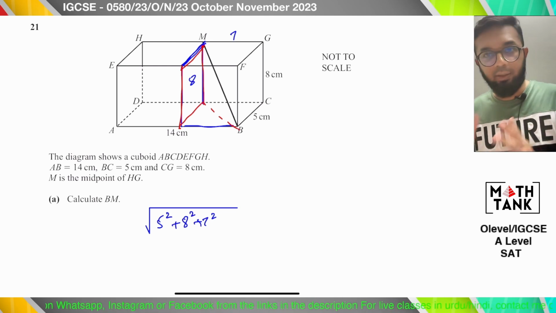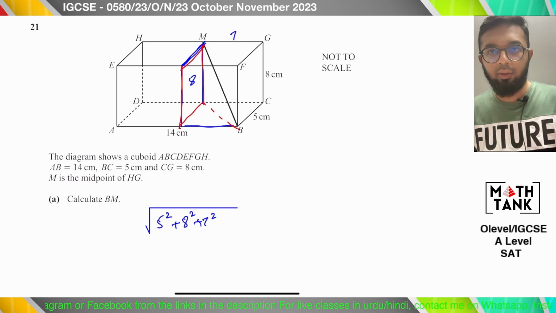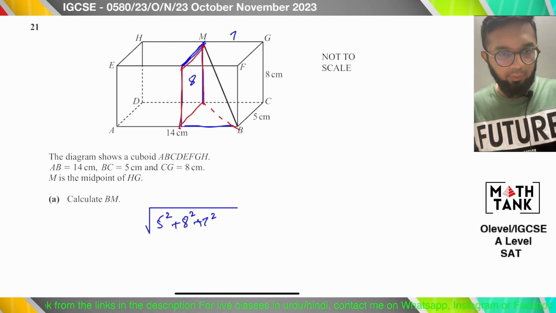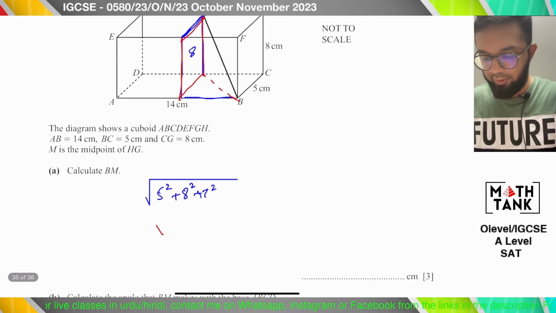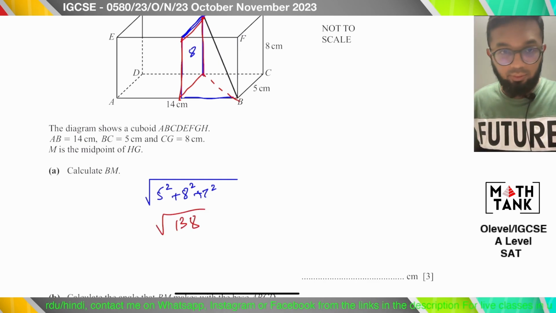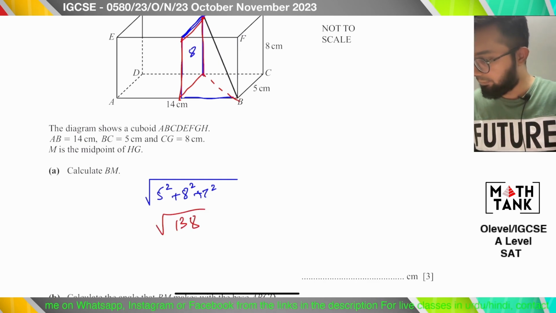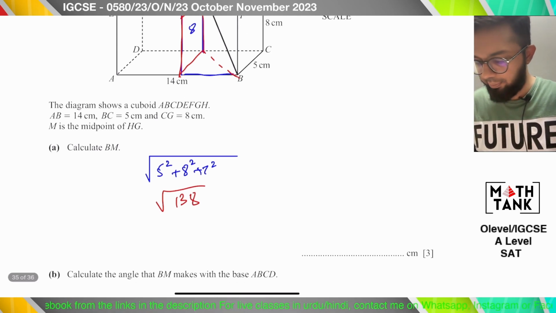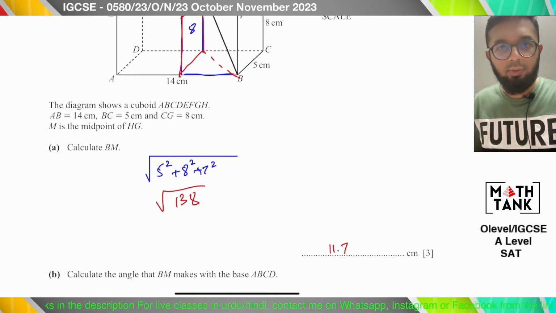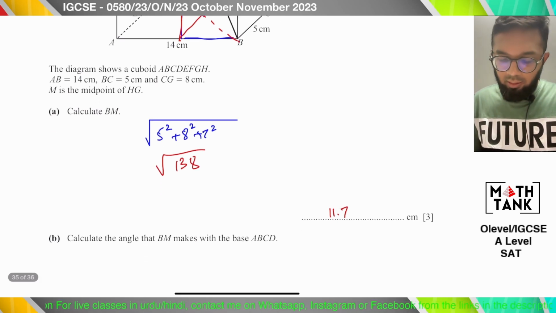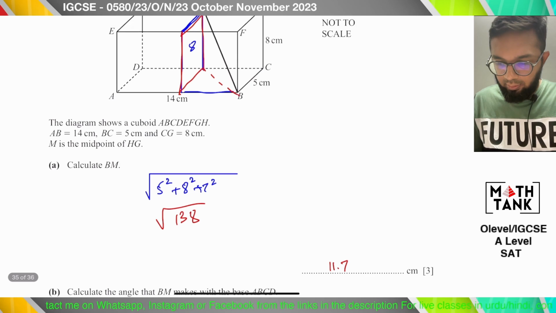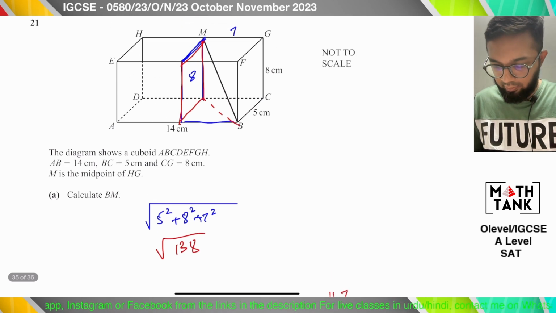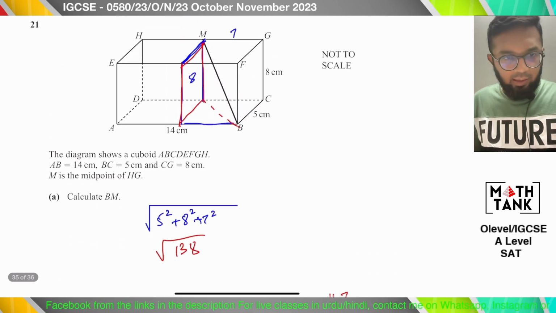When you have the super Pythagoras theorem, you travel in all three directions and then come up with one final answer. Okay, so I have root of 138, which should be 11.75. So if I'm making a line there, I should be careful.